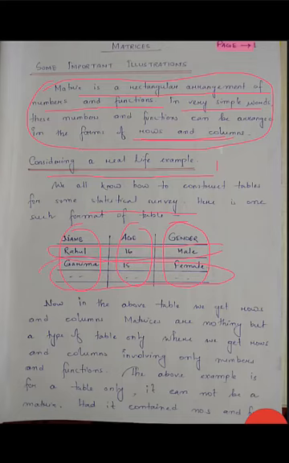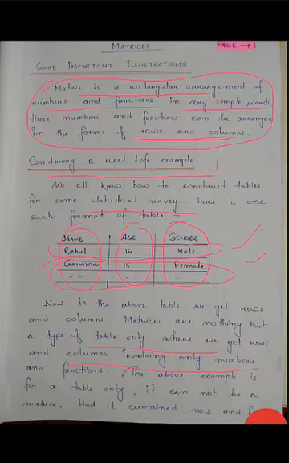Now, matrices are nothing but a type of table where we get rows and columns involving only numbers. A matrix can be considered a kind of table, but there lies a difference between a table and a matrix.